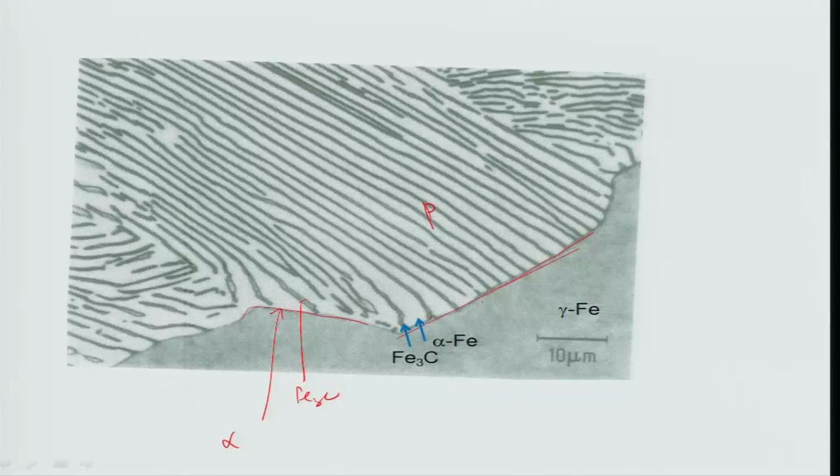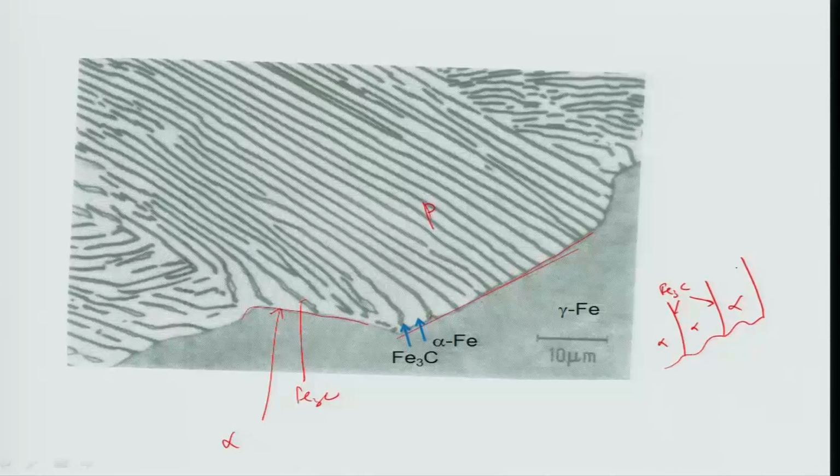Black ones are cementite and alpha iron. If you look at the interface very carefully, it is like this. So, this is Fe3C and this is alpha. This is also Fe3C. So, these are all Fe3C and alpha. The interface is a curved one, and many times it is a jagged interface.